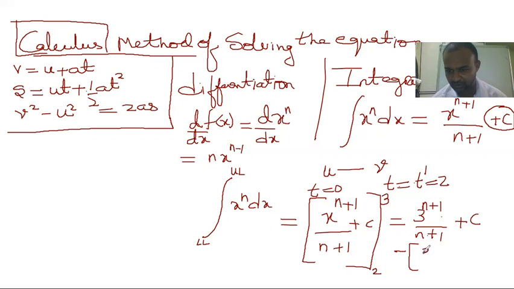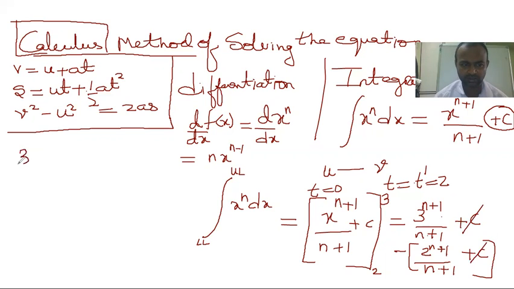Here the lower limit gives 2 power n plus 1 divided by n plus 1 plus c. When you open this minus bracket, the c gets cancelled because of the negative. So what you eventually get is 3 power n plus 1, the whole denominator being n plus 1, minus 2 power n plus 1.